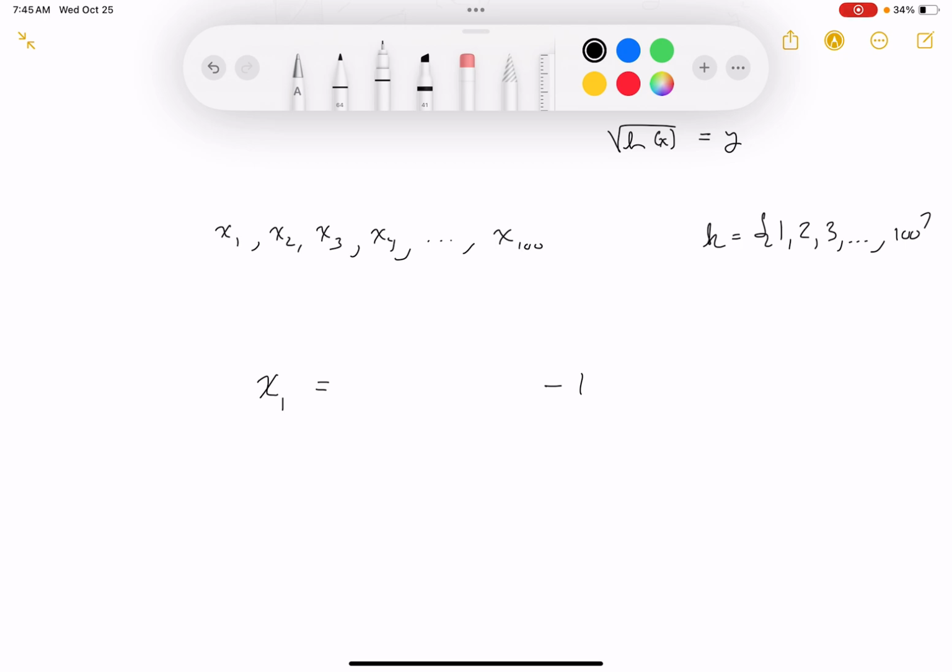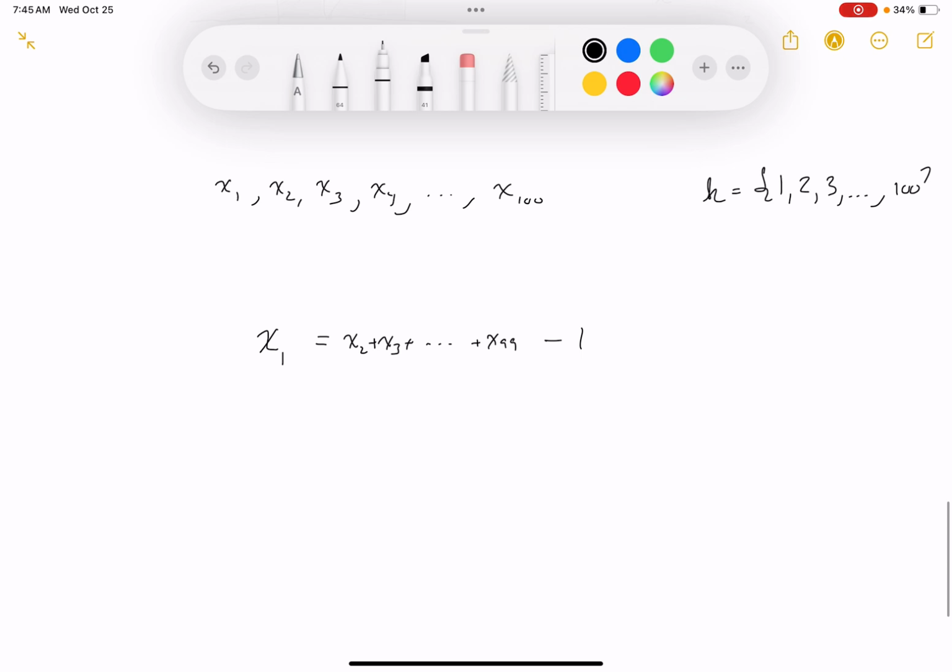Less than the sum of the other 99. Well, I can write that down. So it's going to be x2 plus x3 plus yada, yada, yada, up to x99. I'm going to write this a little differently. I'm going to write x1 plus 1 is equal to x2 plus x3 plus x4 plus yada, yada, yada, up to x99.